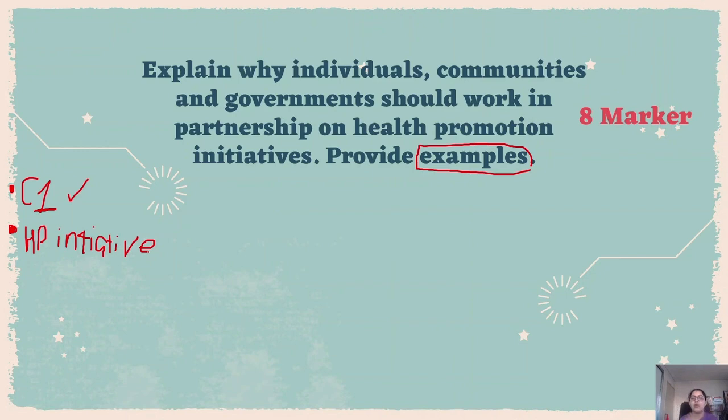So that's really important. I'll give you another example of a health promotion initiative, and that is the no school no play policy, which was implemented in Jigalong, and it was really successful because there were high school dropout rates for Aboriginal and Torres Strait Islander peoples.